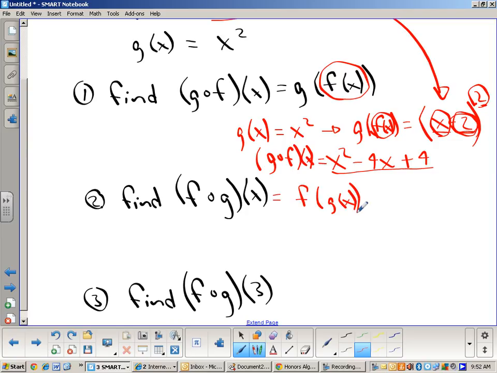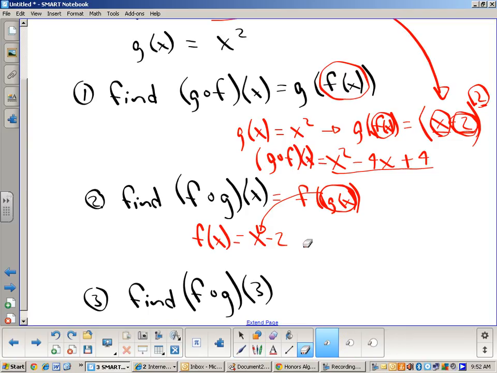So we're just switching. Now the g of x goes in place of the x in the f function. So if f of x is equal to x minus 2, then I'm going to take all of g of x and put it in place of the x. What was g of x? X squared.